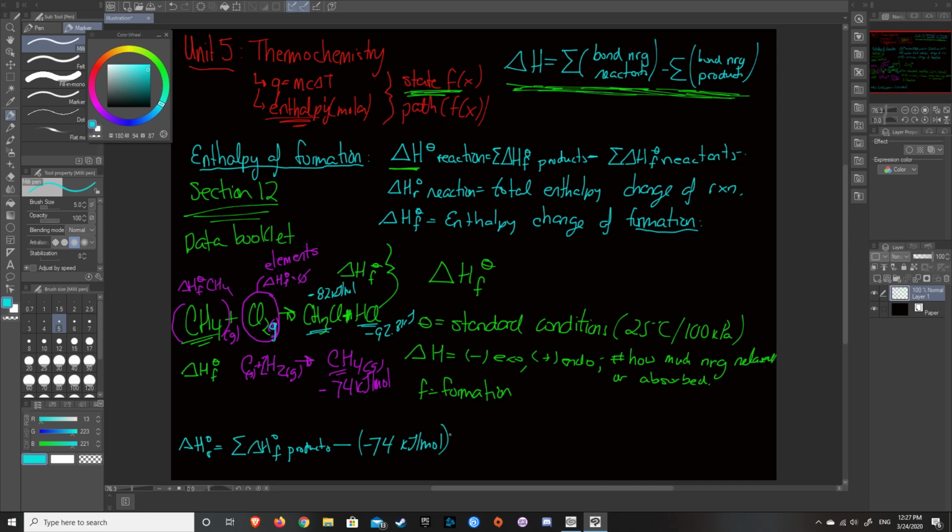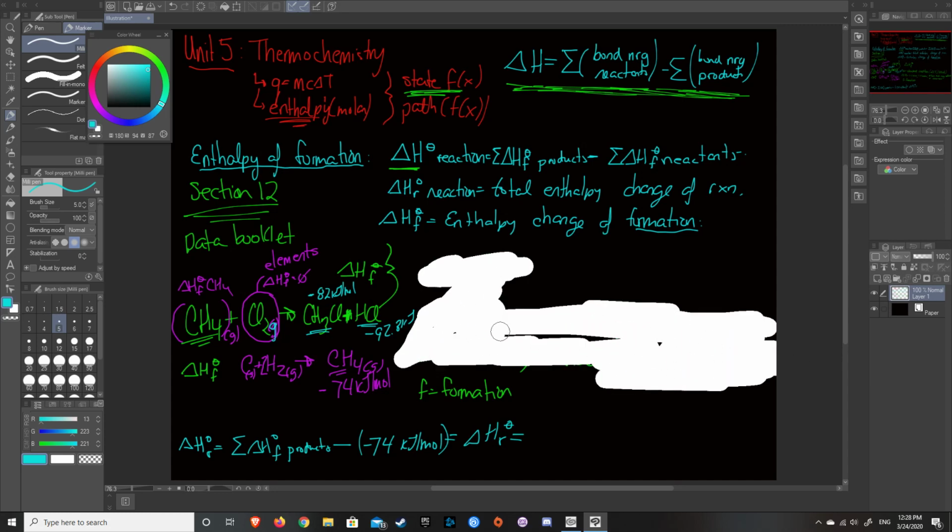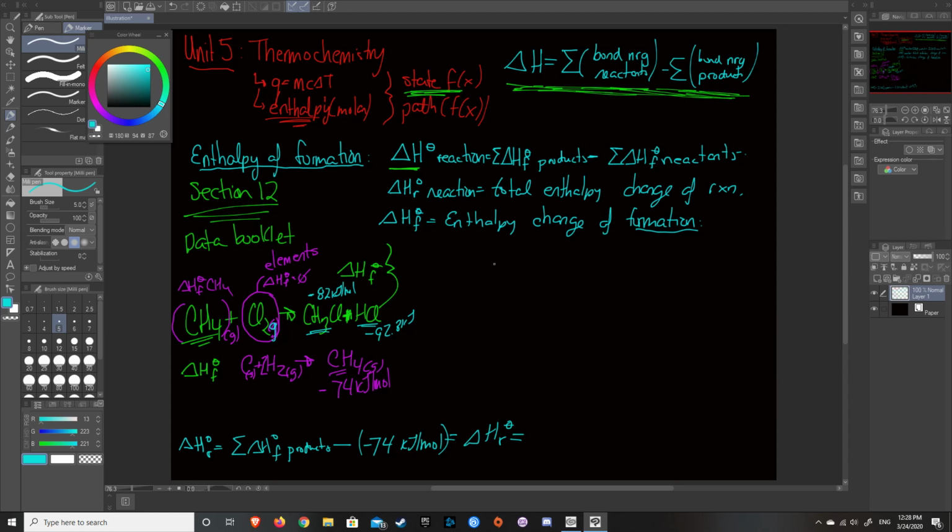So if we calculated our delta H of reaction, the way to think about this, let me just erase this over here. Since enthalpy is a state function, it doesn't matter how we arrive at the final product. It just matters that they all add up.